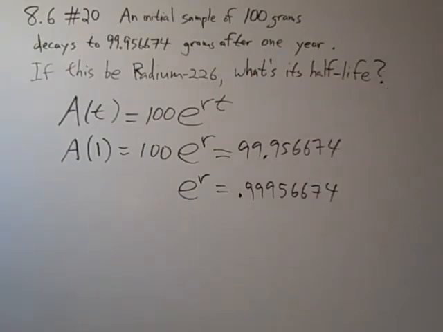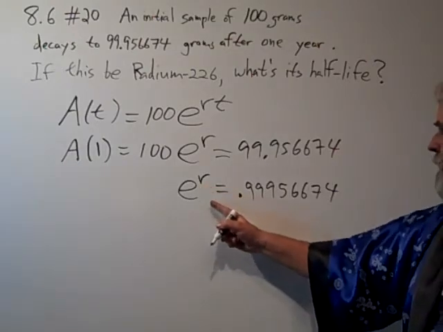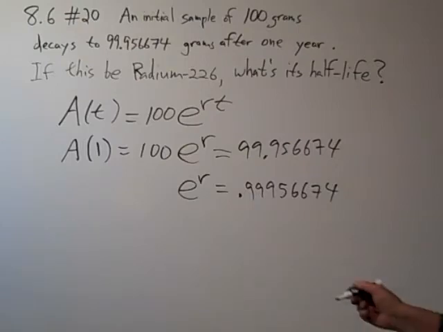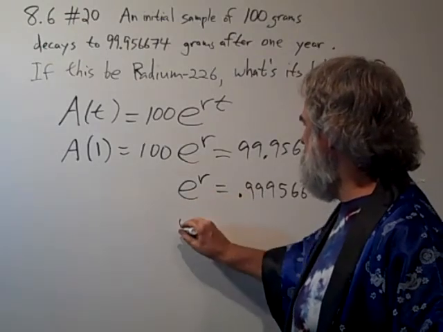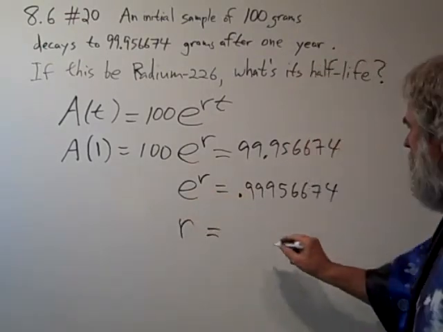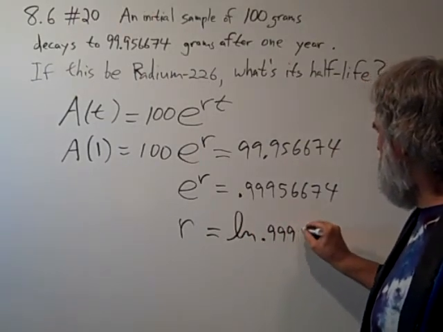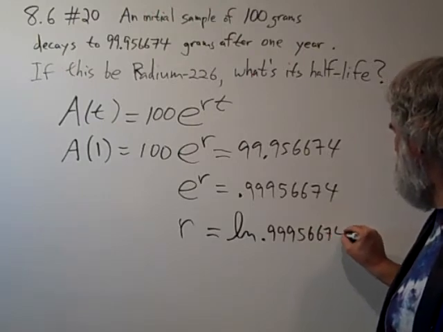Now if we take the natural log of both sides, or simply write this exponential equation in logarithmic form, either way we end up with natural log of e to the R is R, and natural log of 0.9995674.